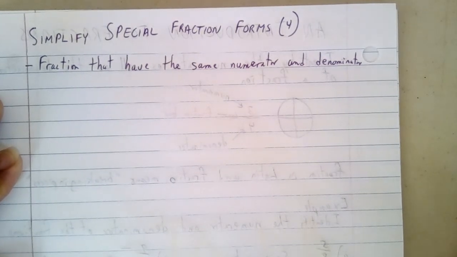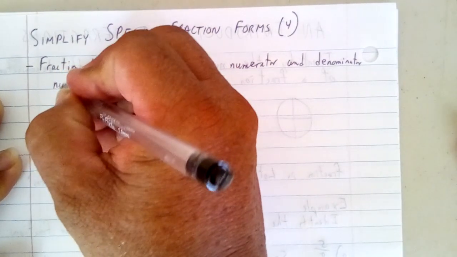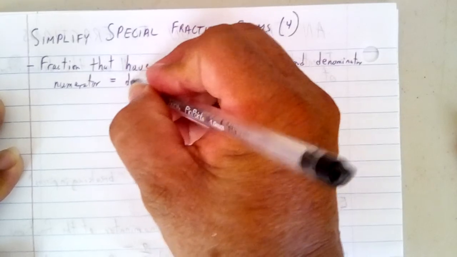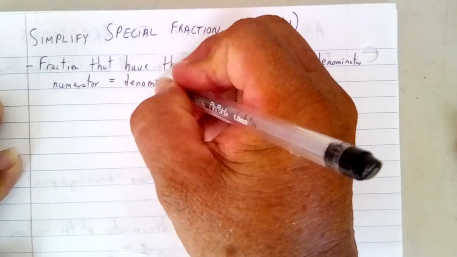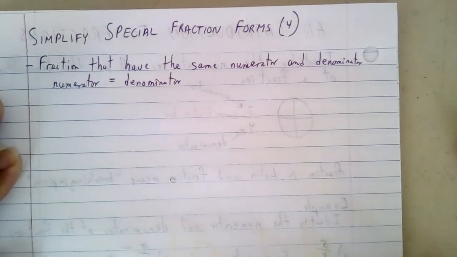So we're going to be working first of all with fractions that have both the numerator and the denominator, in other words, numerator is equal to the denominator. So you can see here that numerator equals the denominator. That is what we can say in summary.